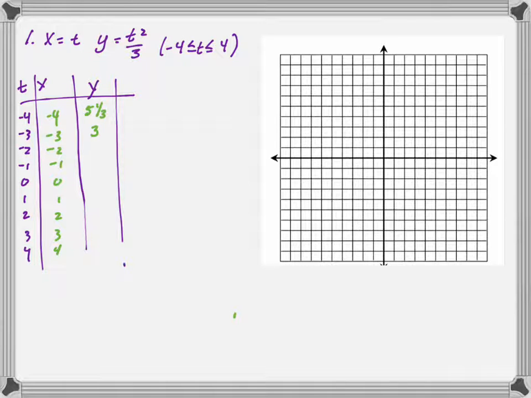And -2 would be 4/3, or 1 1/3. 1 would be 1/3. 0 would be 0. 1 again would be 1/3. 4/3, which is 1 1/3. 9/3, which is 3. And 16/3, which is 5 1/3.